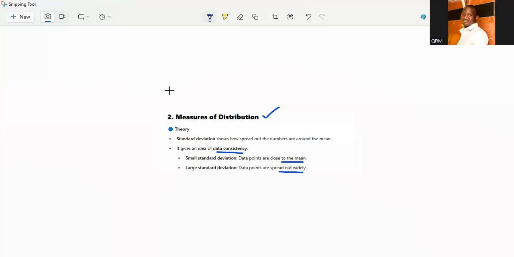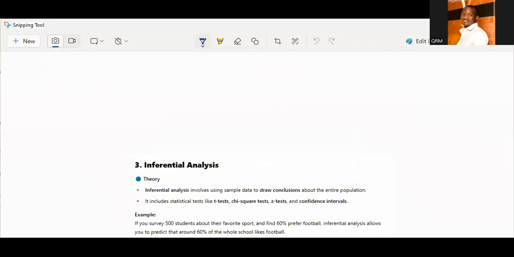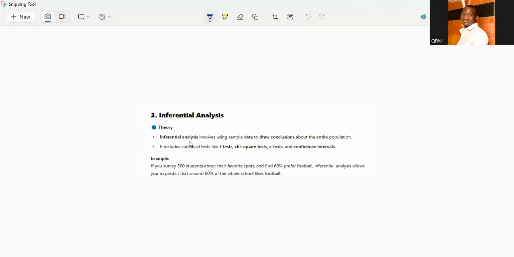We also talked about inferential analysis or statistics. What did we say? We said inferential analysis involves you using a sample to draw conclusions over a big population. That is what we call inferential analysis. So it includes tests like the t-tests, the chi-square, the z-test, the confidence intervals.